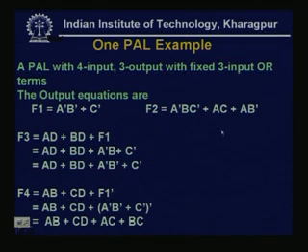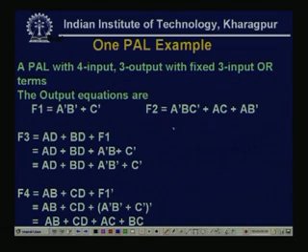So, we can realize F1, F2, F3, F4 by using 4 input variables ABCD, as well as F1 as one of the output functions, F1 and F1 complement as the input variable.